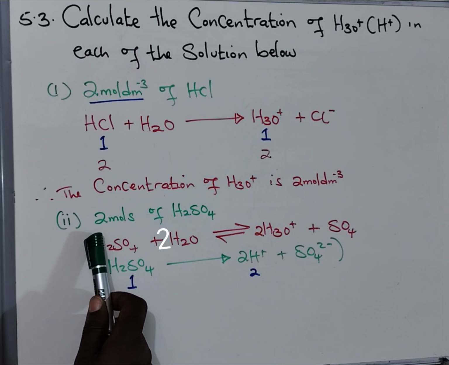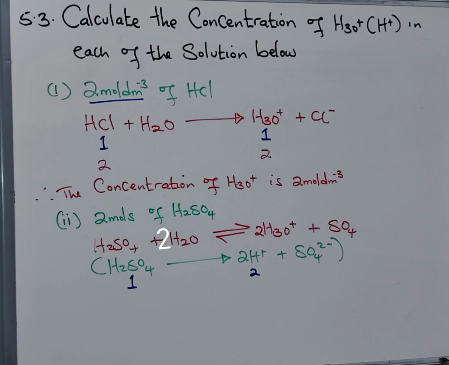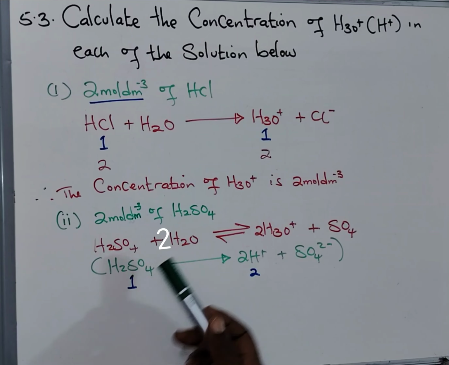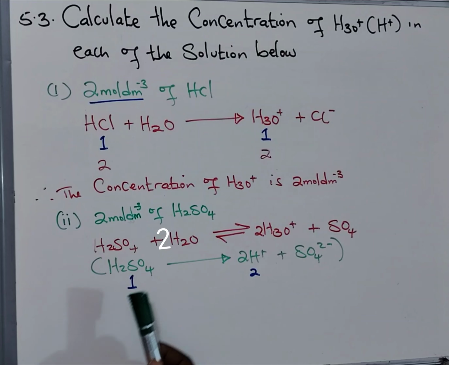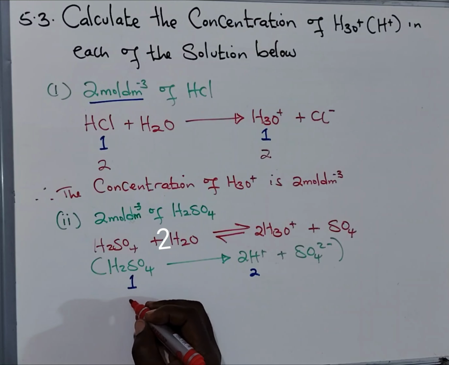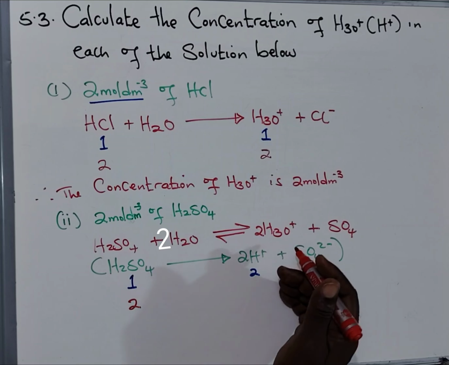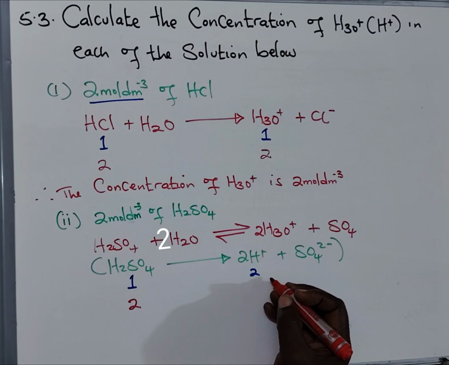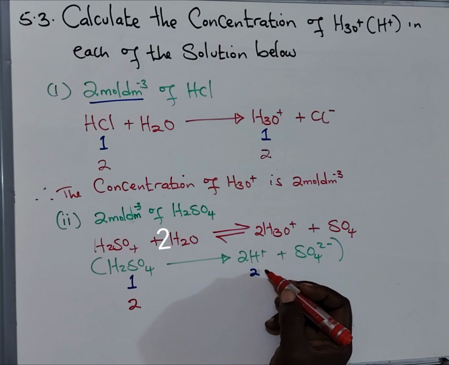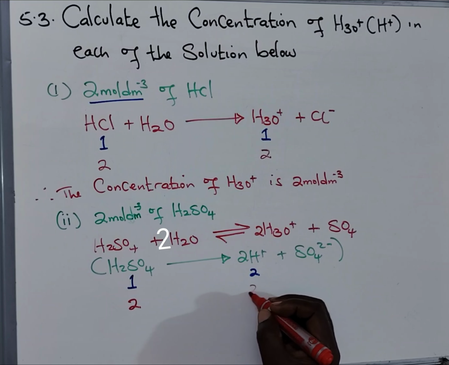You are given the concentration of sulfuric acid. So you put what you are given, and it is 2. And what are you looking for? You are looking for the concentration of hydronium ions or hydrogen ions, which is X.